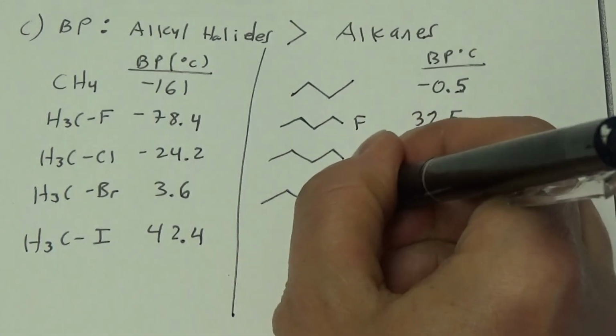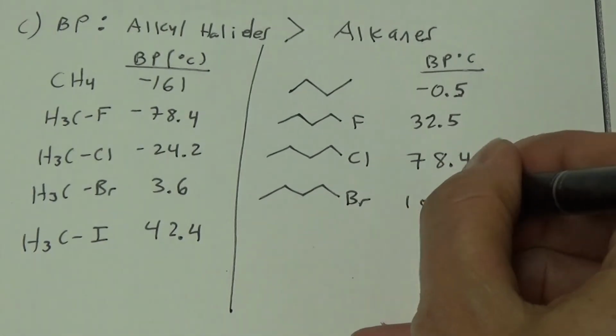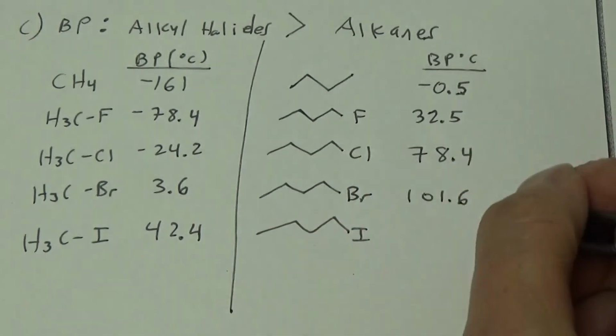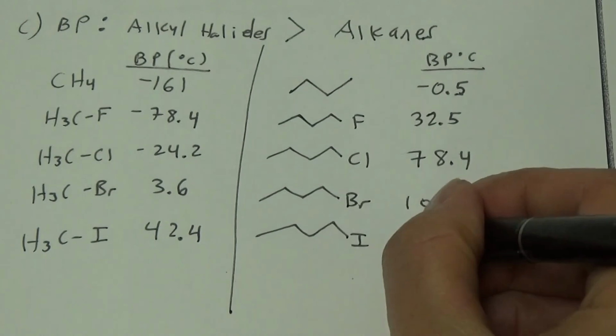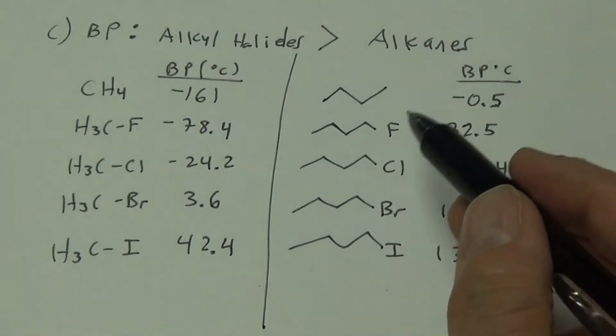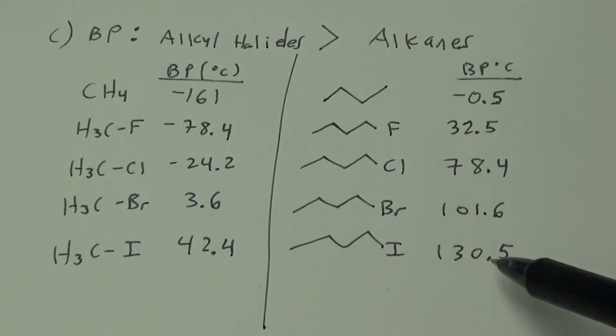Bromobutane is 101.6. Iodobutane is 130.5. Okay, so as you increase the size of the halogen, you definitely get a higher boiling point.